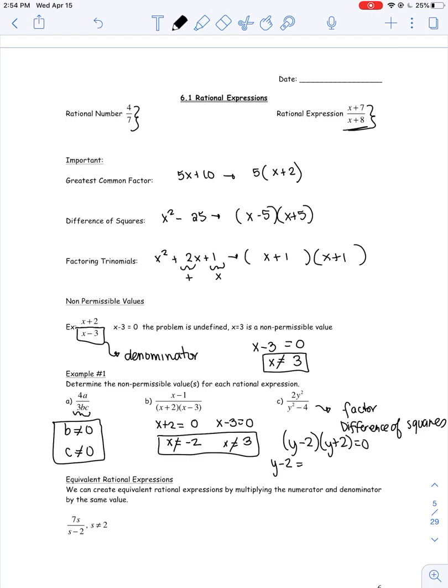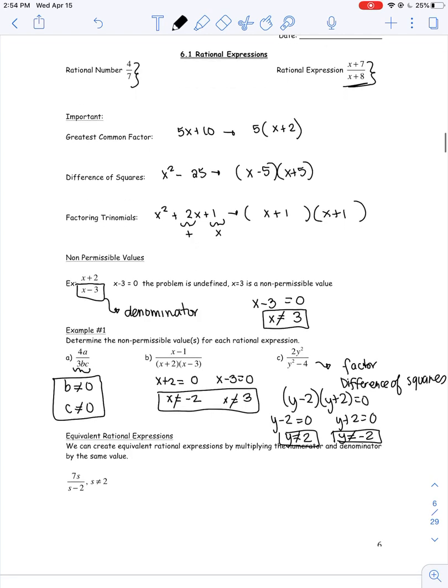You want to take then y minus 2, the first factor, make it equal to 0, and y plus 2, make it equal to 0. This is like solving for the x-intercepts in our previous unit. So it's the same concept that we're using, but we're just looking at the denominator only for non-permissible values. So y cannot equal positive 2. And y cannot equal negative 2 from this one. So those are our two non-permissible values.